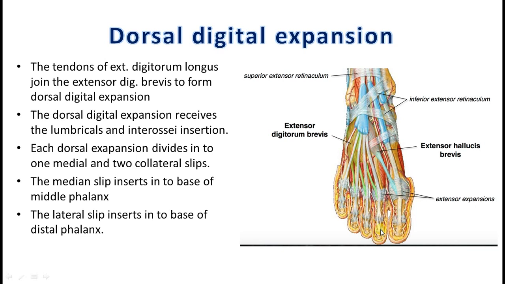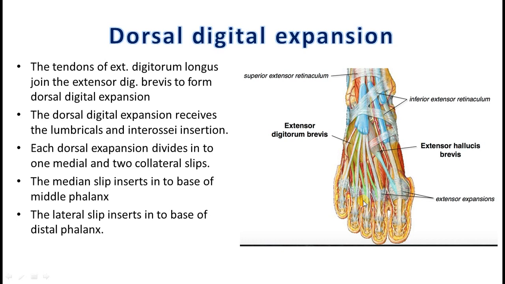So thereby, through the dorsal digital expansion, it is actually controlling the action of these extensor muscles which you are able to see and the flexor muscles which you are able to see on the sole of the foot. Okay.